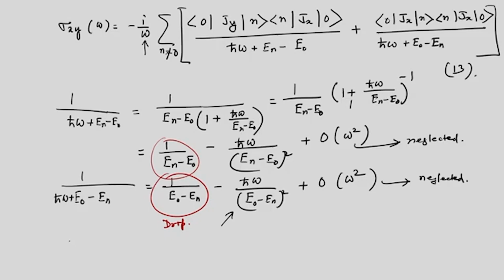Okay. So once you do this, your sigma_xy becomes, now I do not need the omega, it gets cancelled.